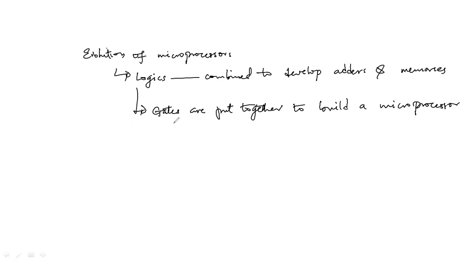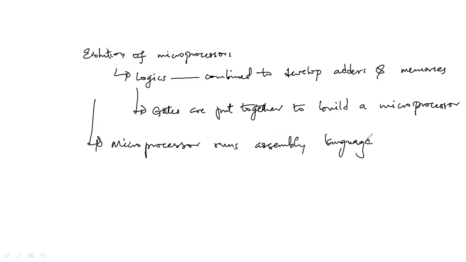The microprocessor itself runs assembly programs. Okay? So the microprocessor itself is a digital system that executes machine language instructions.